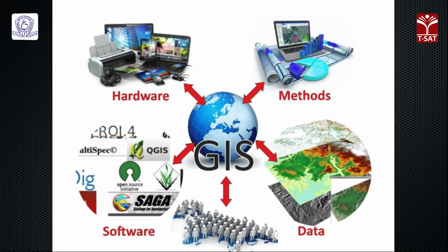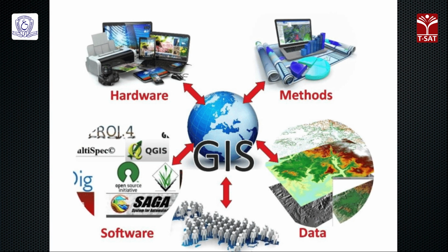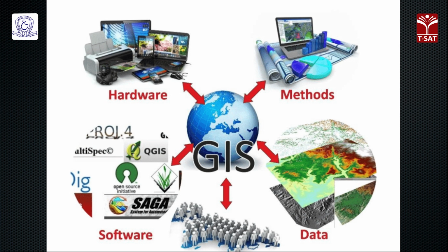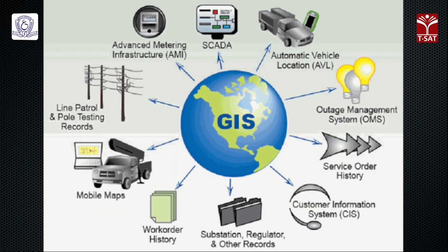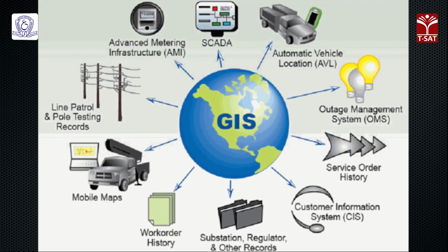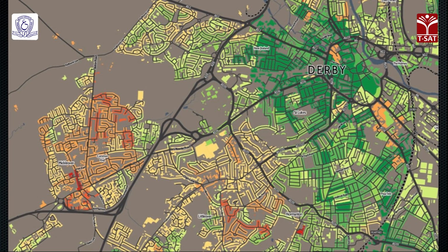At the other extreme, GIS components include the computer hardware, software, spatial data, data management and analysis procedures, and the people to operate it. If the computer is located on a network, it can also be considered a component of GIS, since it enables data sharing among users.